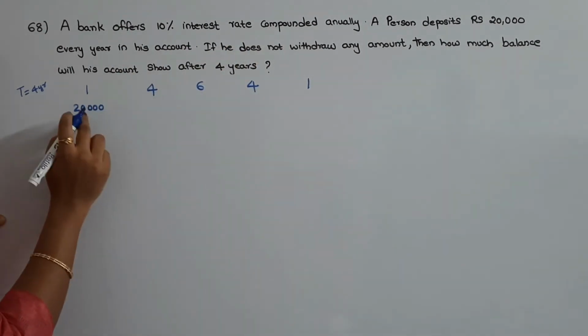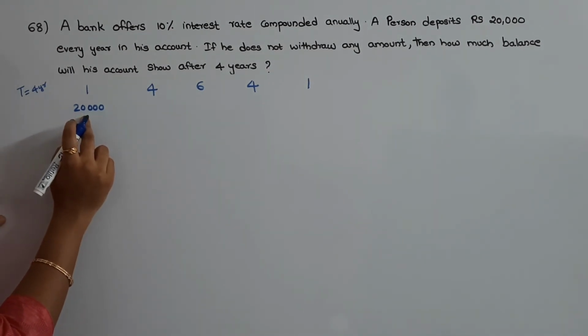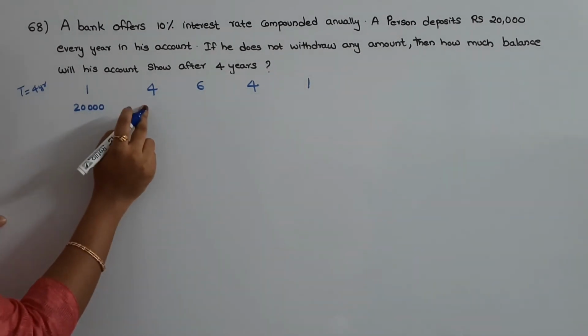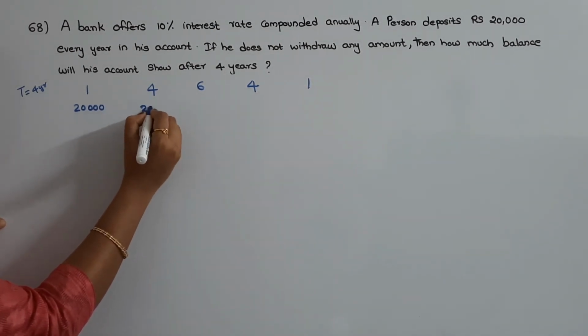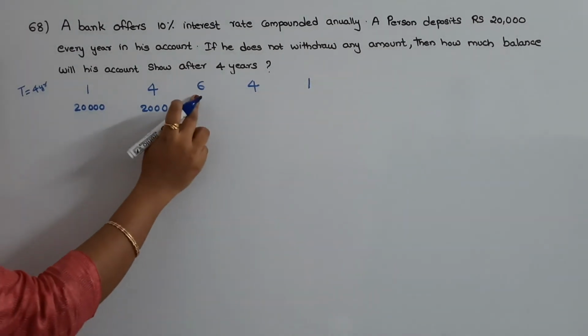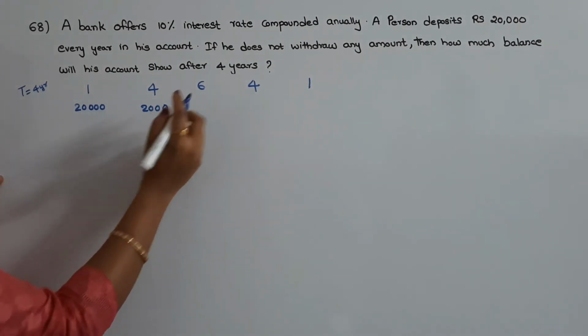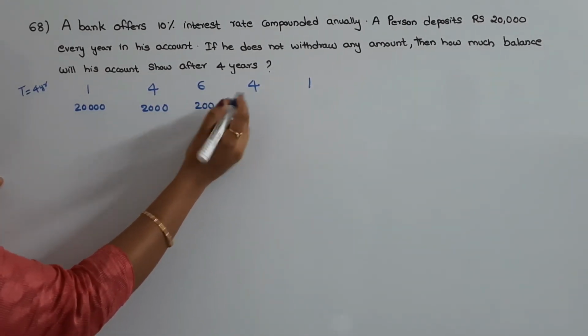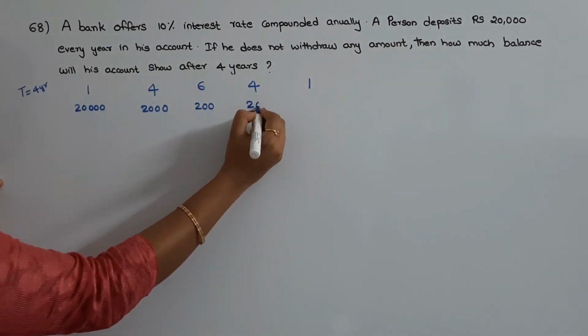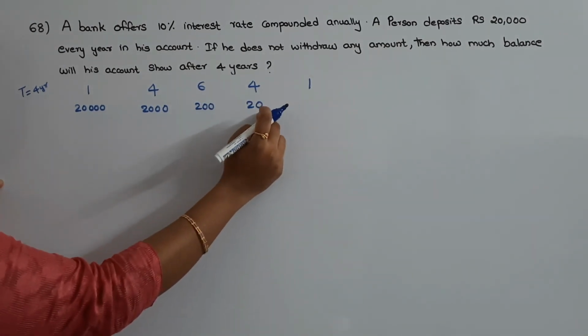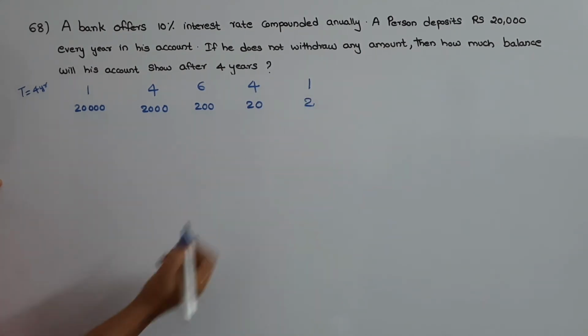So below this, 20,000 into R by 100, that is 20,000 into 10 by 100, that will be equal to 2,000. Then below this, 2,000 into 10 by 100, that will be equal to 200. So below this, 200 into 10 by 100, that is 20. Then here, 20 into 10 by 100, that will be 2.